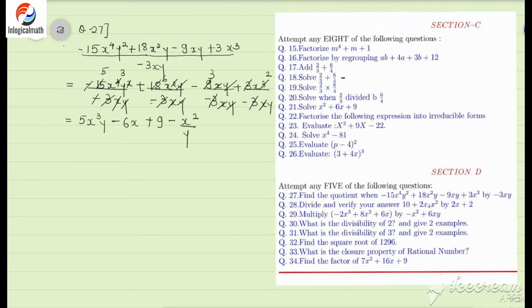Now question number 28. Question number 28 is: divide and verify your answer. For verifying this answer, we have to divide 2x plus 2 by 10 plus 2x minus 4x square.